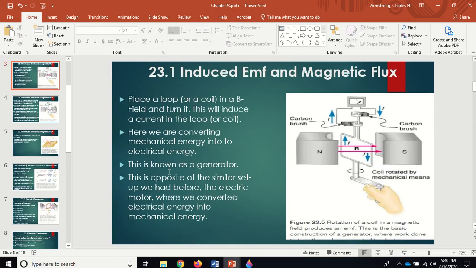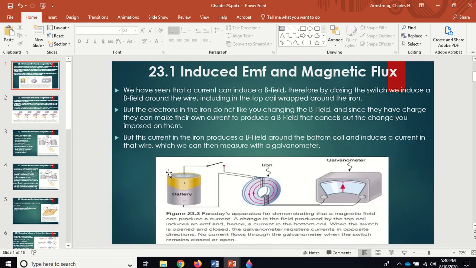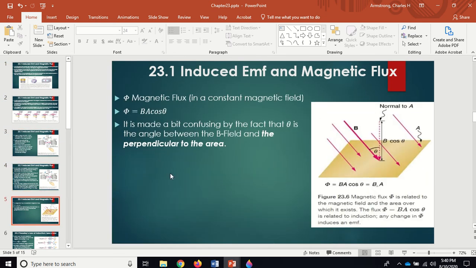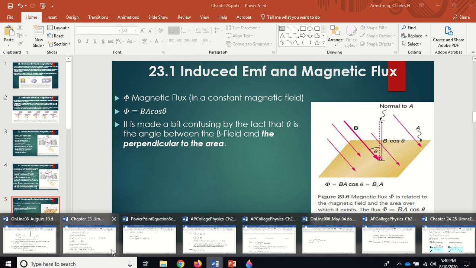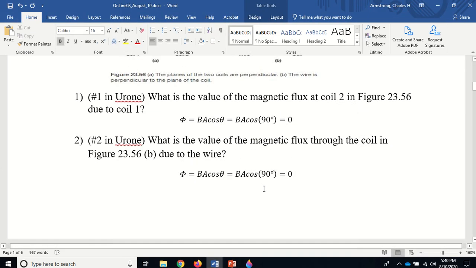There it is. So, see, it's the angle between the normal to the surface and the magnetic field, okay? So, if the magnetic field is coming in at 90 degrees, the cosine of 90 degrees is going to be 0, okay? So, it's the same for both.